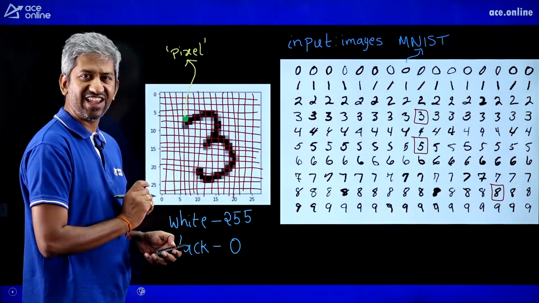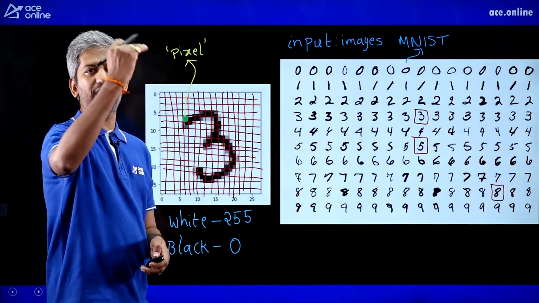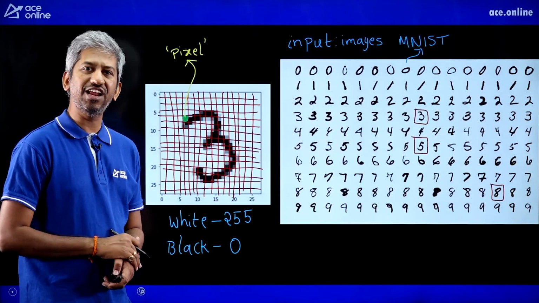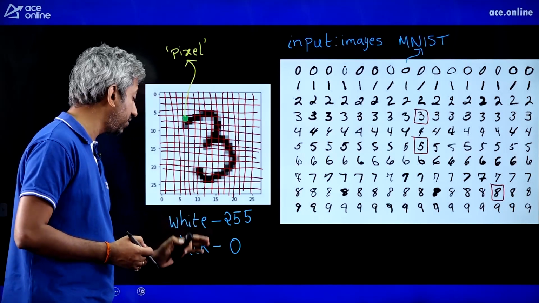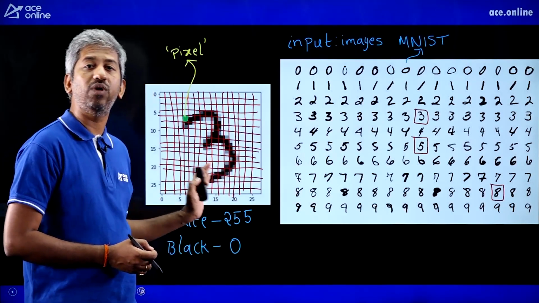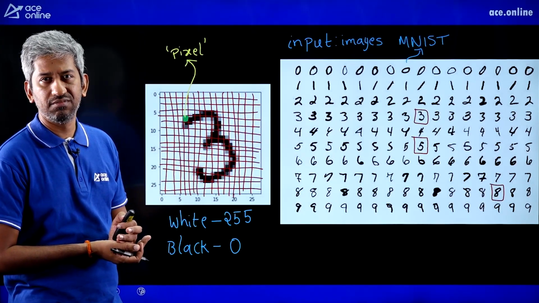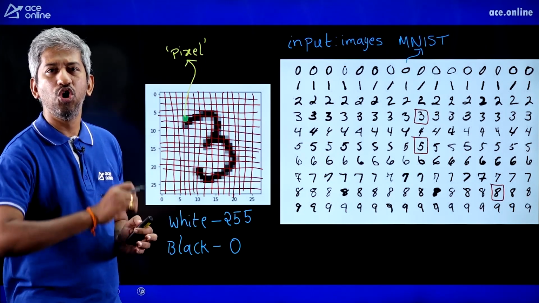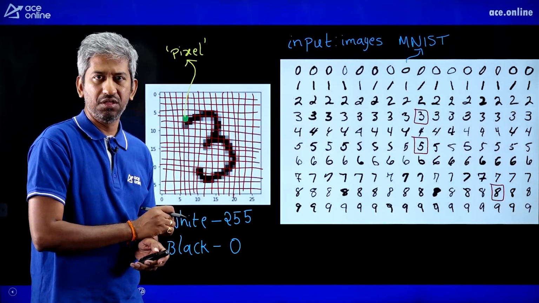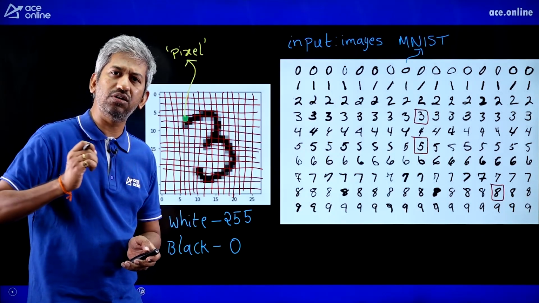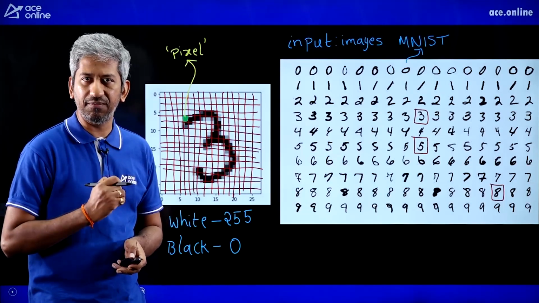If it is light gray in color, in between black and white, all the remaining shades are considered as gray shades. Actually, how many gray shades will be present in between 0 and 255? In between black and white, we have infinite gray shades. But it is not possible to identify the intensity of each and every gray shade. Right? There will be a 0.000001 variation. It is not possible to go up to that level.